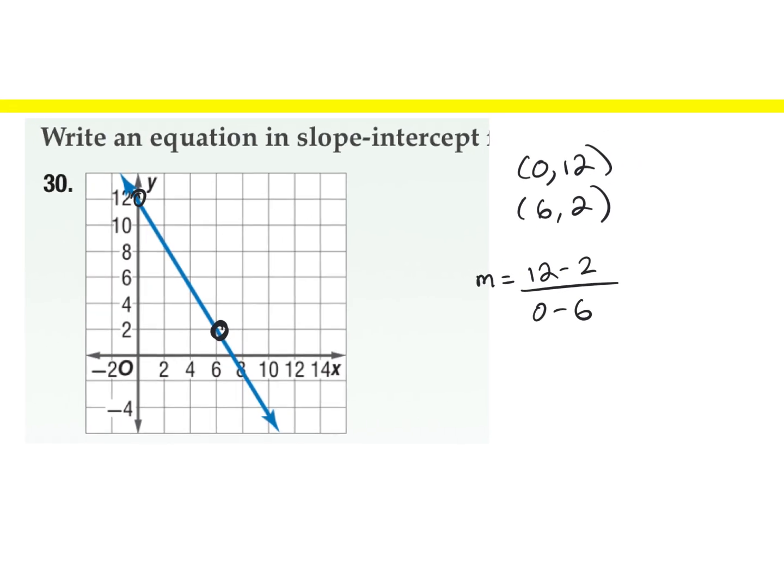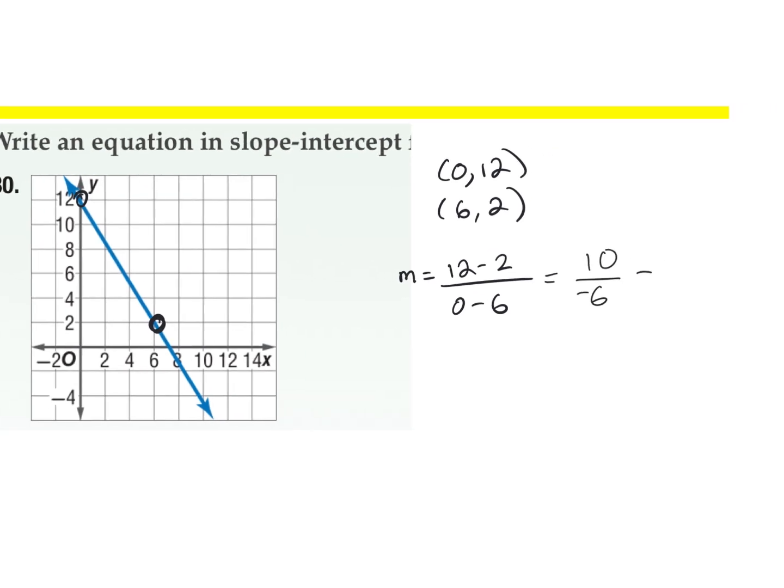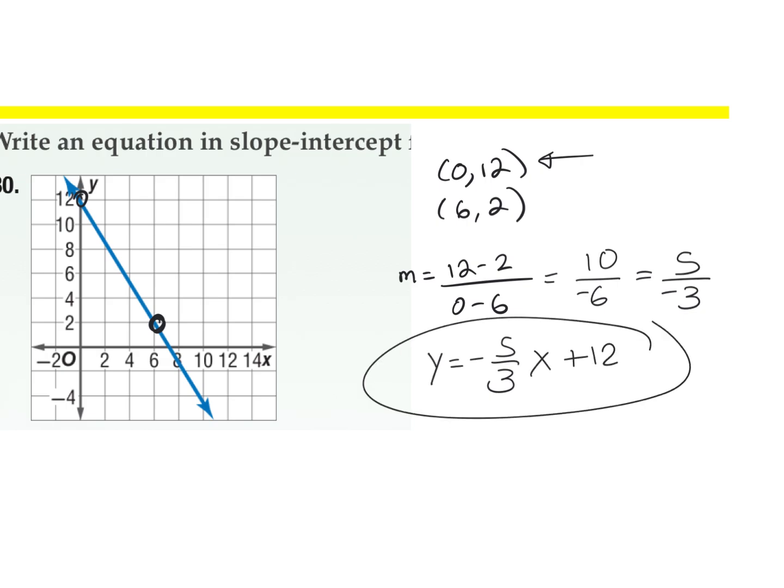To finish this off, we get 10 over -6, and you can simplify this to 5 over -3. Now, you already have the y-intercept because it's one of the points you chose. So you can say y is equal to -5/3 x plus 12. That is one way of solving the problem.